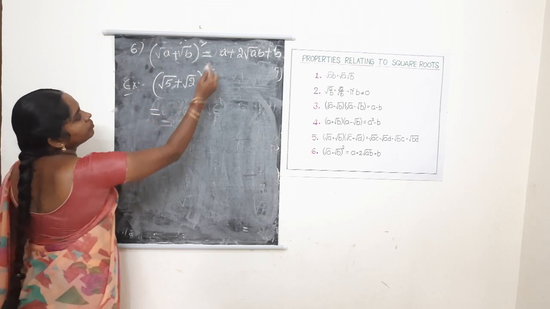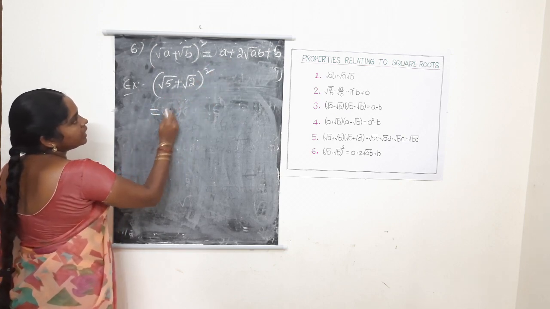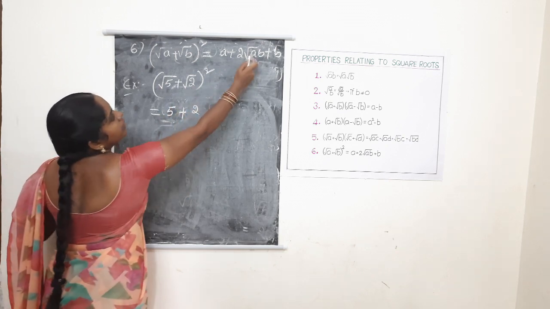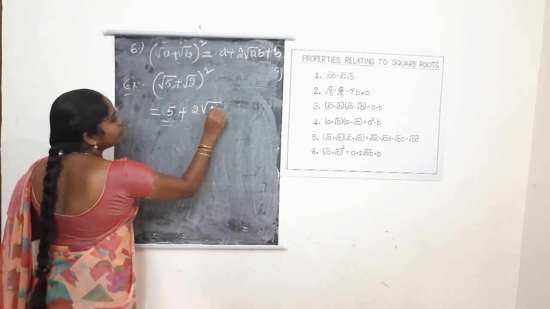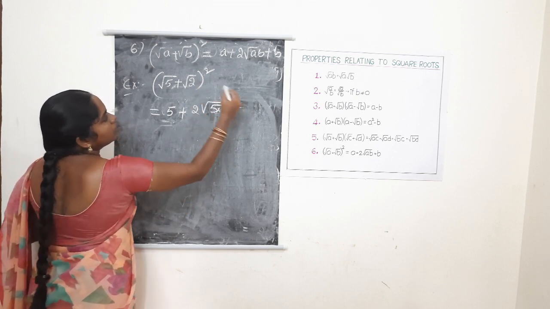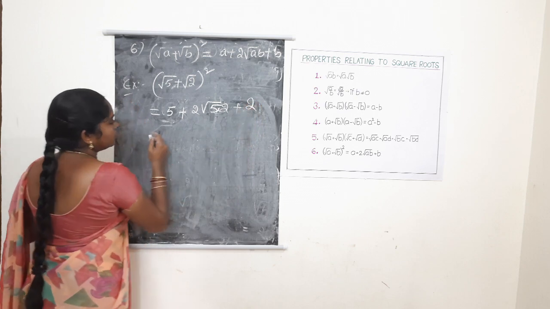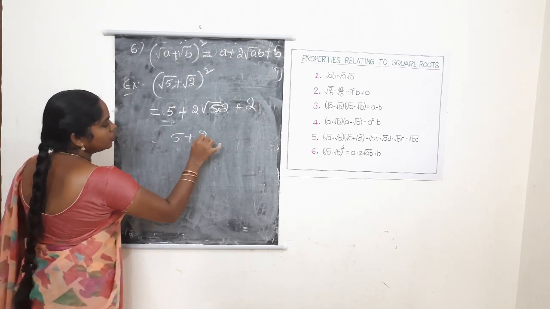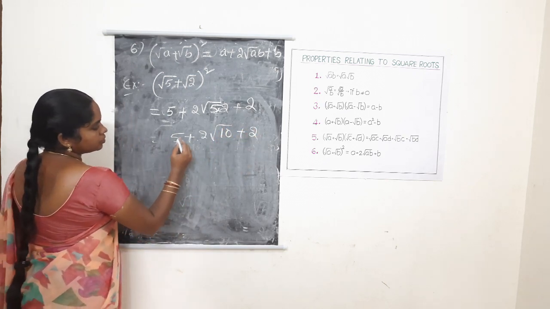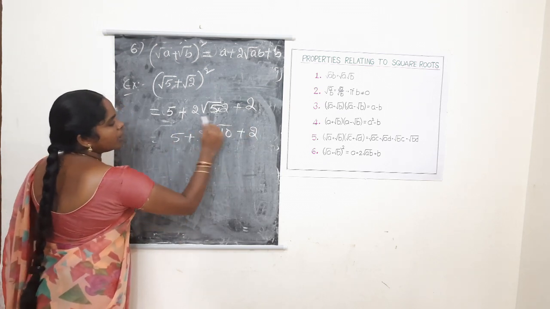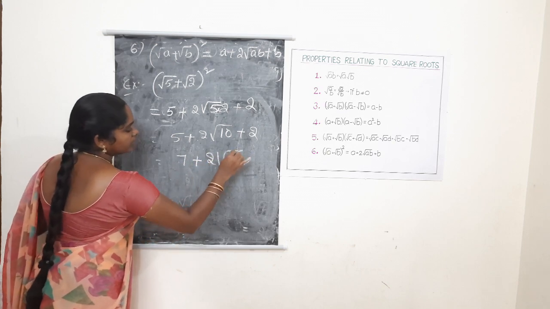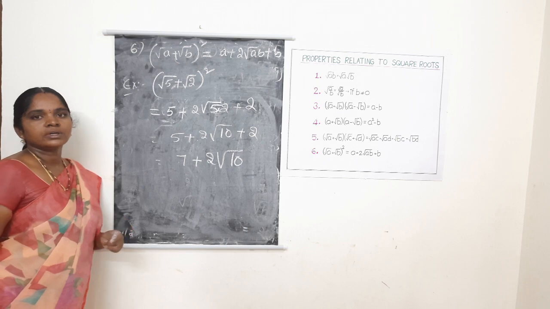So that equals 5 plus 2 plus 2√(5 × 2), that is 5 + 2 + 2√10. The sum of these two, 5 plus 2, is 7, so 7 plus 2√10.